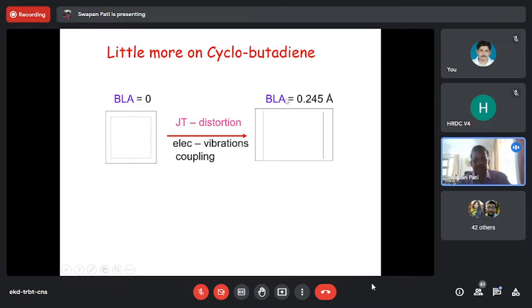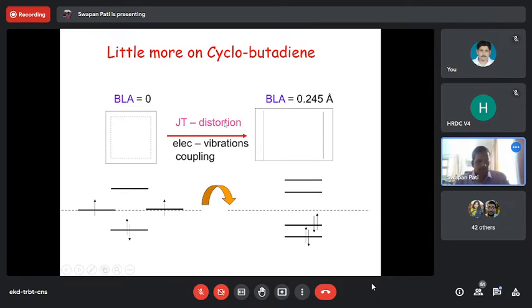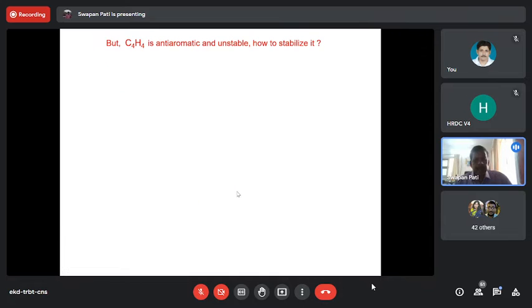So the bond length alternation is 0.245, the difference between the double bond and single bond lengths is this much. Okay. So you have this structure. But if you make these 2 come down, with 4 electrons, this is what happens. So with 4 electrons, it becomes unstable. All right. So C4H4 is anti-aromatic and unstable.